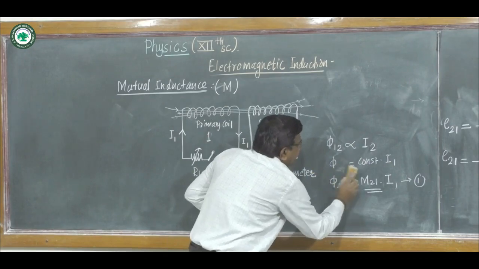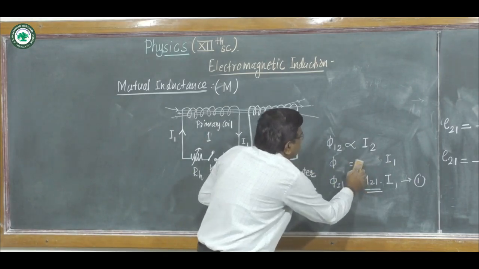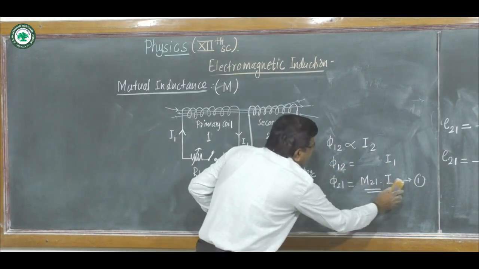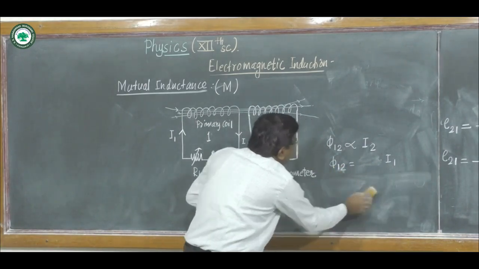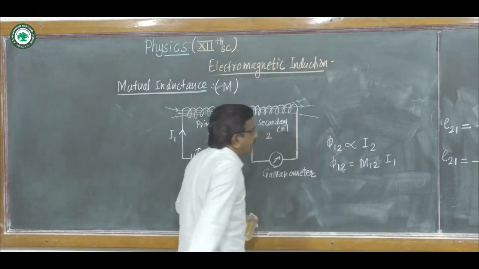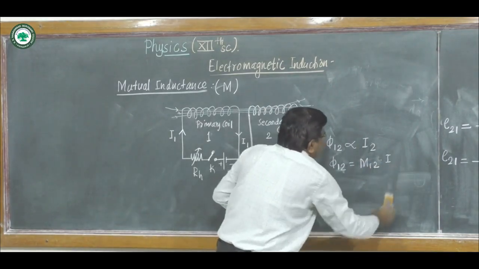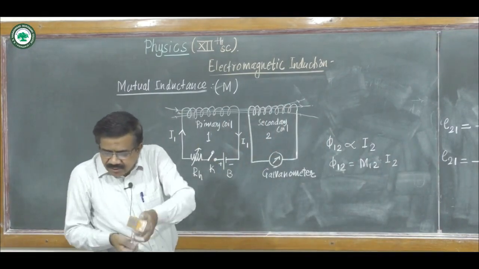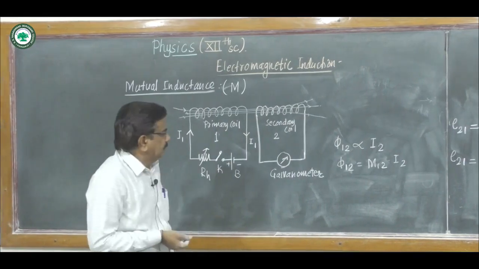Hence phi 12 is equal to a constant, which we call M12, into I2. Phi 12 is equal to M12 into I2.